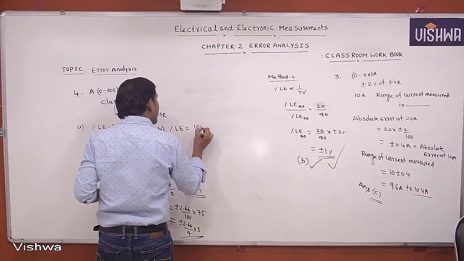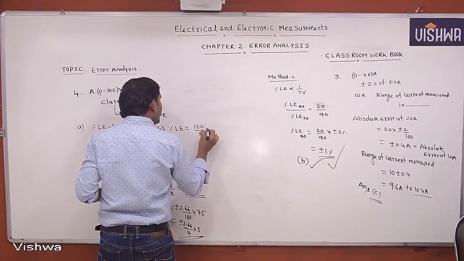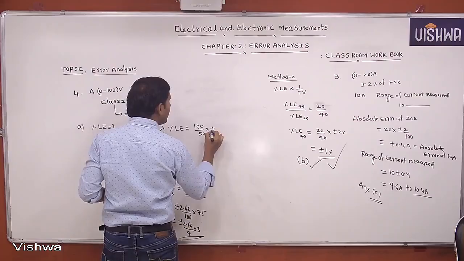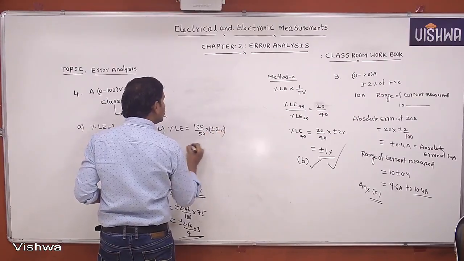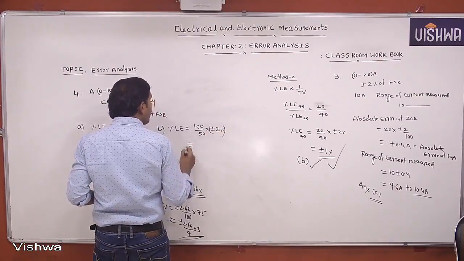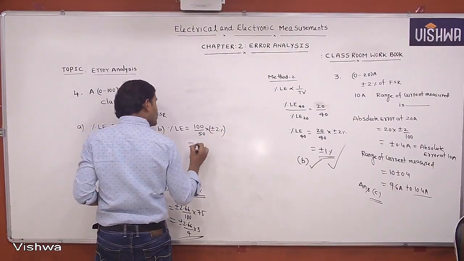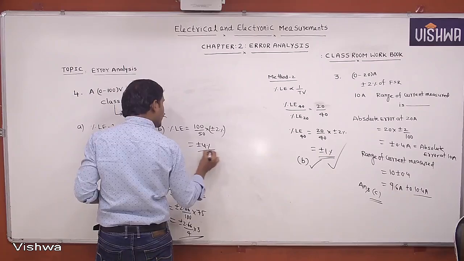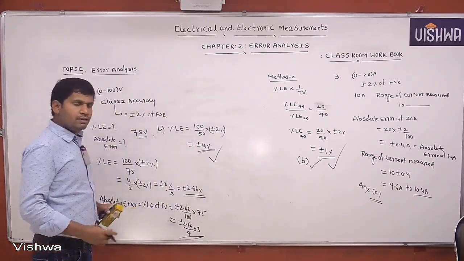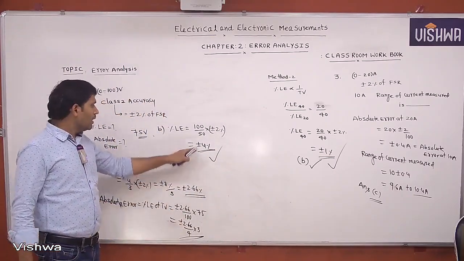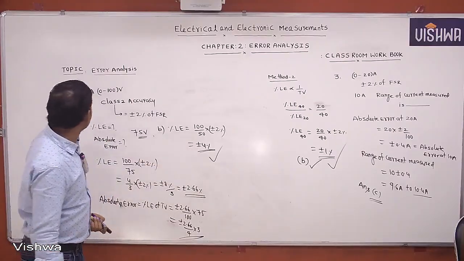That is 100 by 50 into the error at full scale, which is plus or minus 2%. Full scale reading by true value into accuracy at full scale gives plus or minus 4%. Simplify this and you get the answer. This is the B question. Quick, note down. This is the fourth question.